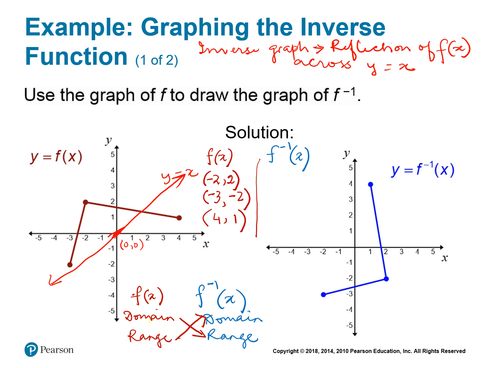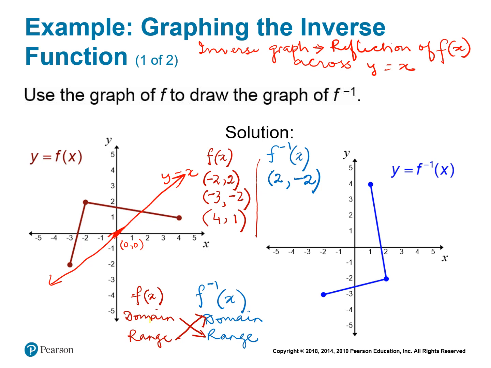So the +2 is going to be the x value of the inverse graph, and -2 is going to be the y value of the inverse point. Just flip your x and y values of the original function and use that for the inverse function.